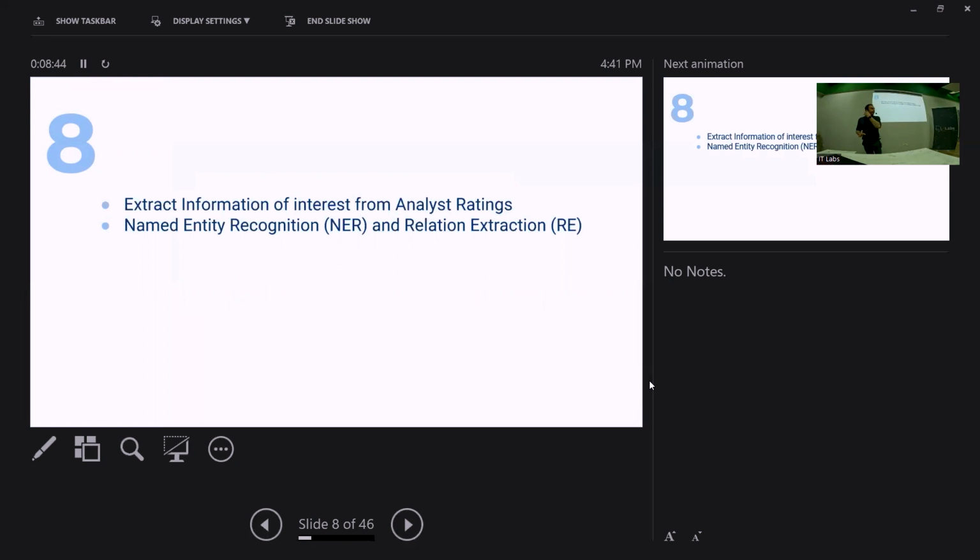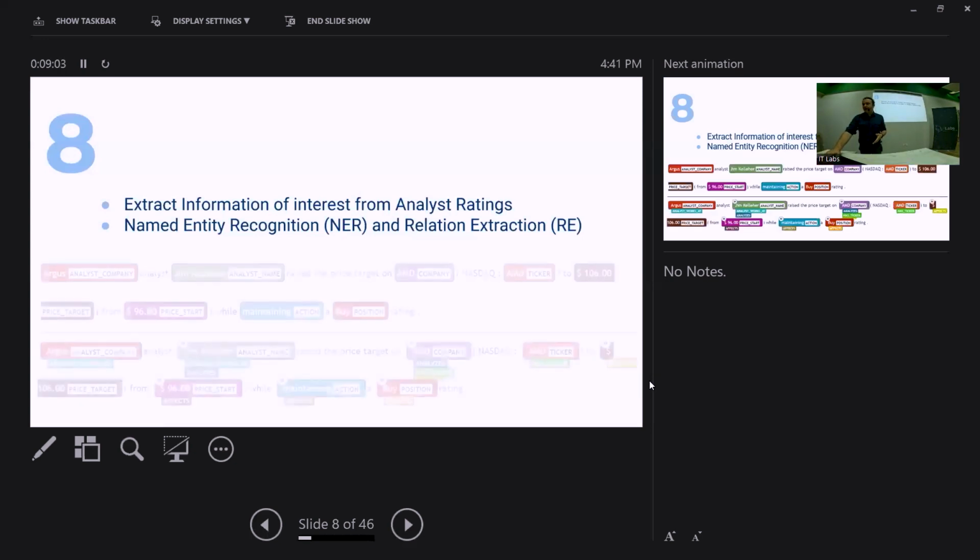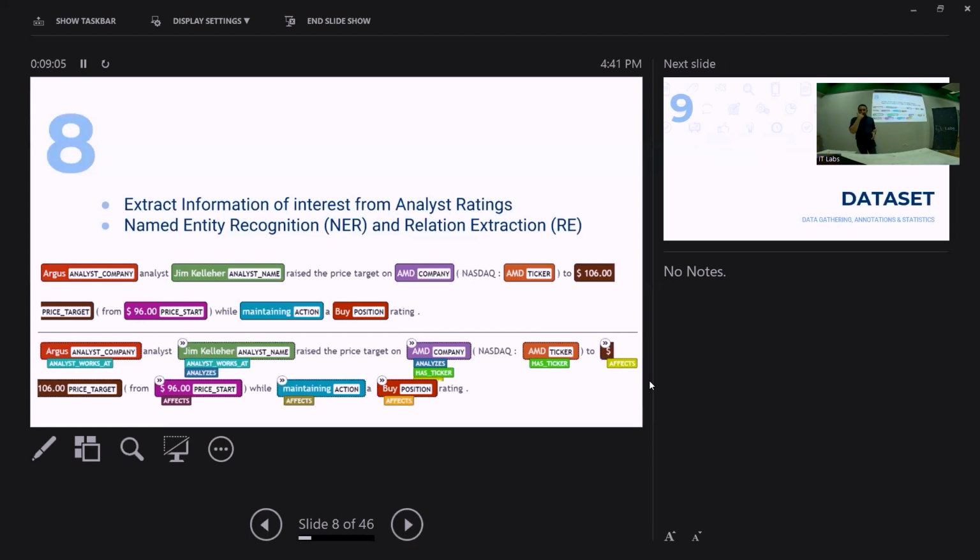But if we just stick to named entity recognition, we don't have the relation of who is saying what from which company to which company, and as I mentioned, the problem can be M analysts for N companies. So we also need another task in order to solve the problem, which is finding the correct relations between the entities in the text.